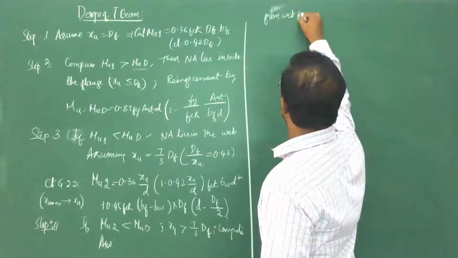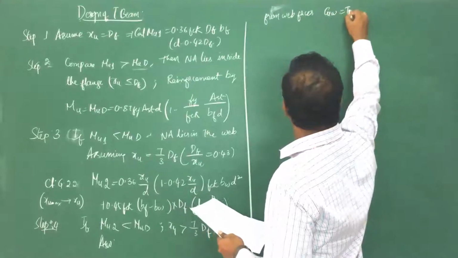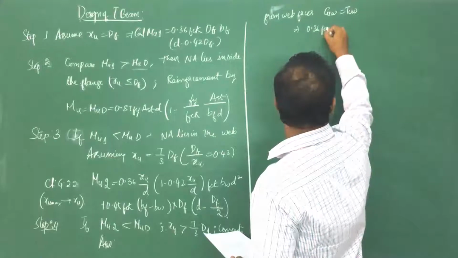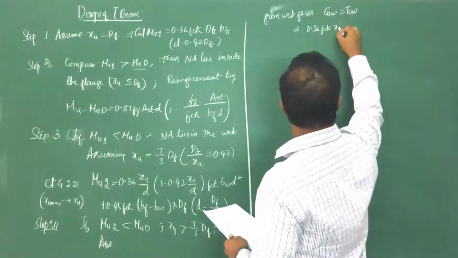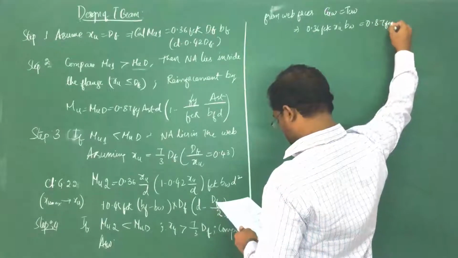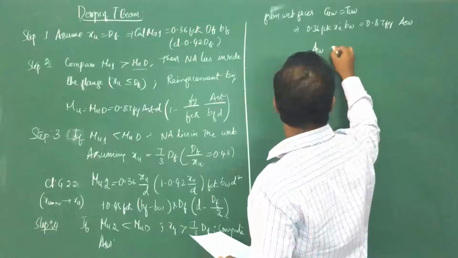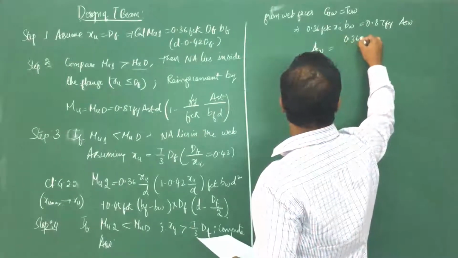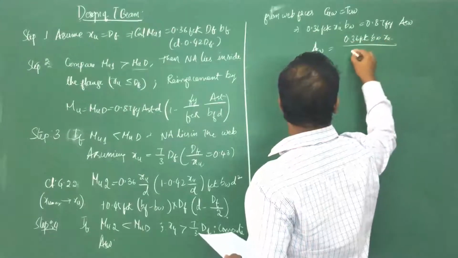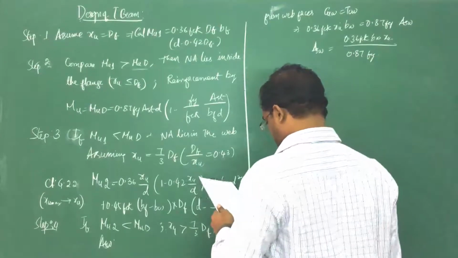From web forces, it is given as Cuw equals Tuw. This is given by 0.36 fck Xu into bw equals 0.87 fy Asw. From this, Asw can be calculated as 0.36 fck bw Xu divided by 0.87 fy.